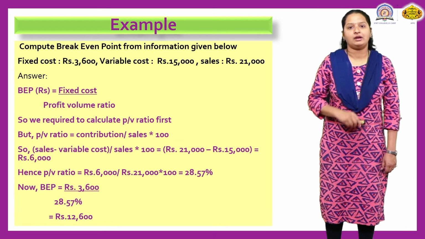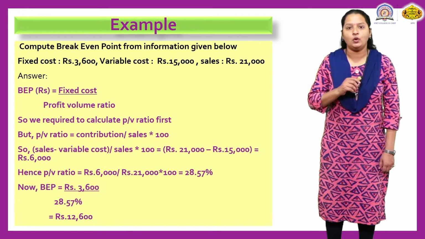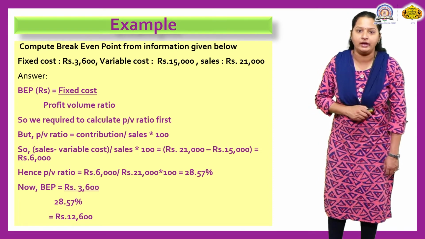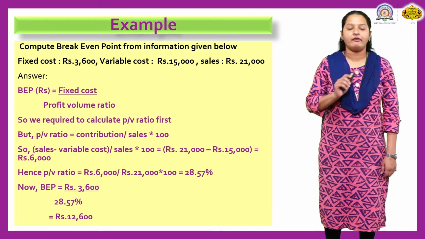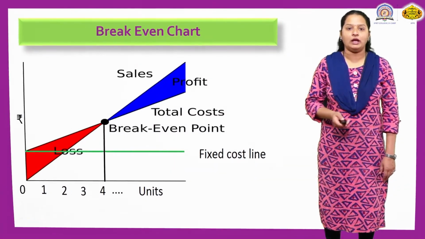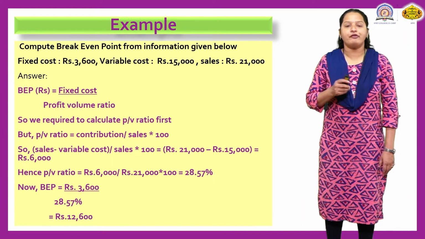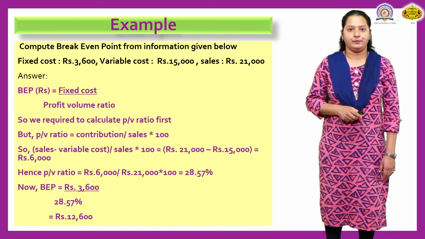Now, again the question arises, how to calculate the contribution? As we know, according to the formula, contribution can be calculated as sales minus variable cost, which is there in our example. So, let us put the figures into the formula, which is sales minus variable cost upon sales into 100.